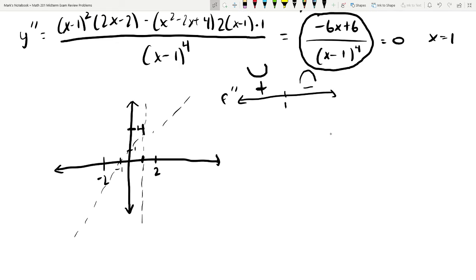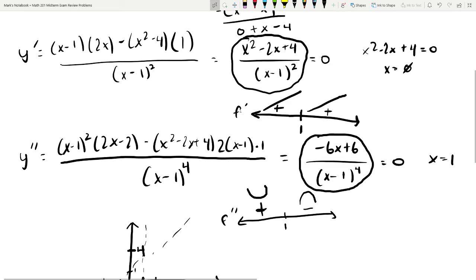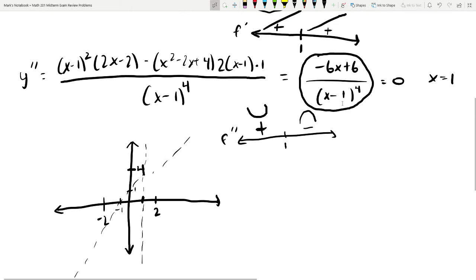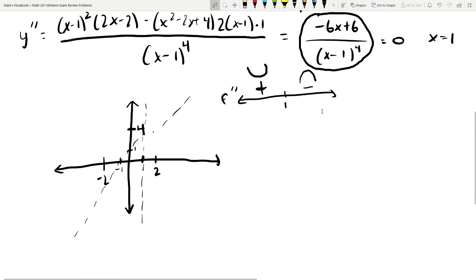Now, we finally just have to use some of this information. Well, our derivative told us that our function is always increasing. So it should always have a positive slope. And our second derivative tells us that until 1, it should be concave up. That means, of course, it can't be in this region because that would be concave down.